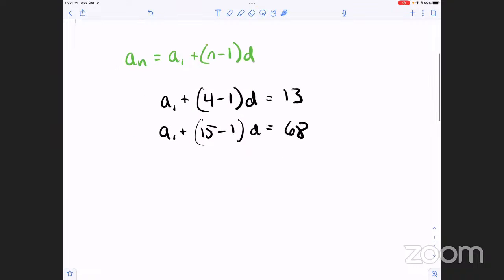Instead of distributing, we can just combine like terms. I'm going to rearrange it as well. We'll get 3d plus a1 equals 13, and then 14d plus a1 equals 68.